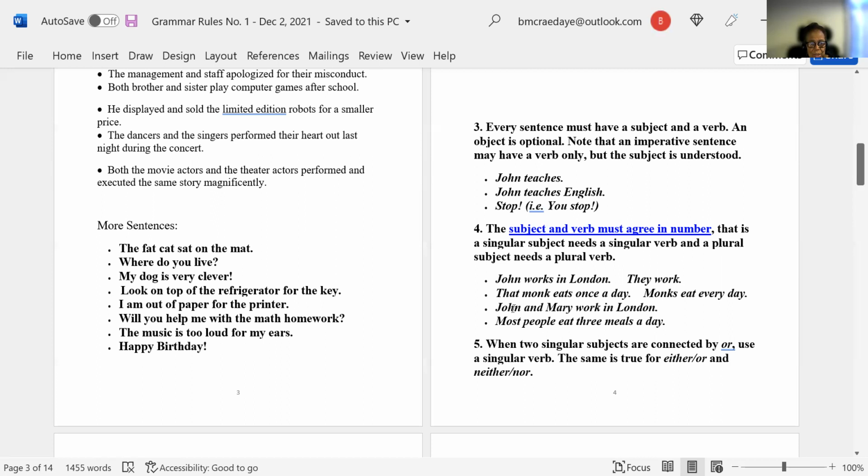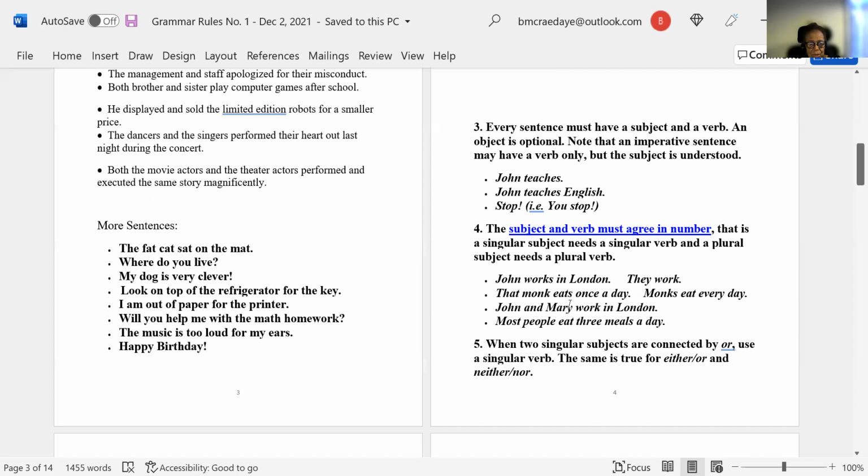When you join the subjects by and, that's plural. John and Mary. That subject is John and Mary. That's a plural subject, and the verb is work. Work in London. Most people eat three meals a day.